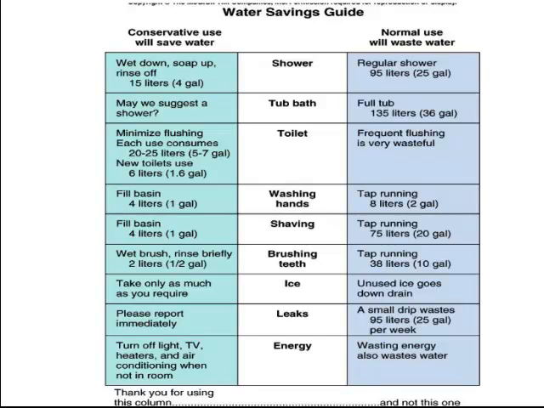Toilets with more efficient designs also can use much less water per flush. There's a difference between how much power it takes to flush a toilet that has feces in it compared to a toilet that only has urine in it. So we have double flush type toilets in Europe, where if you hold the button down just for a short amount of time, you get one type of flush, just enough to take away liquid waste.